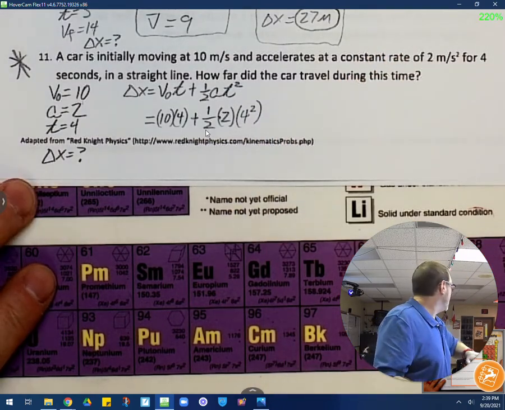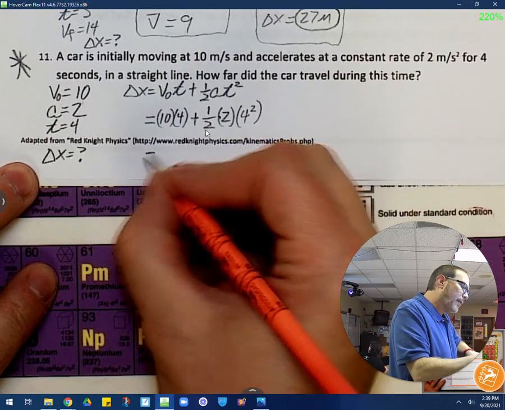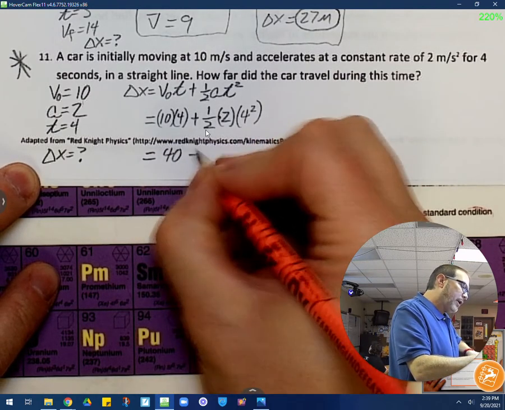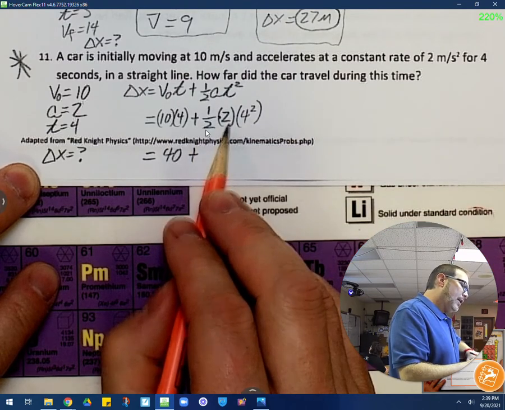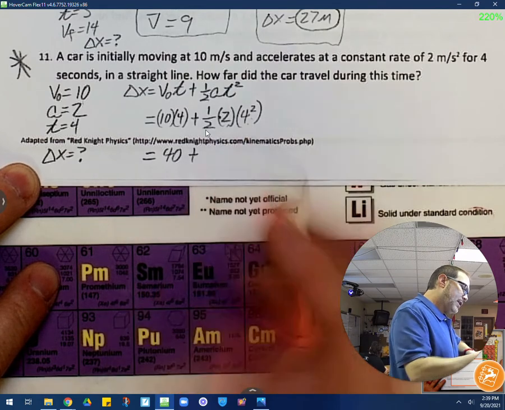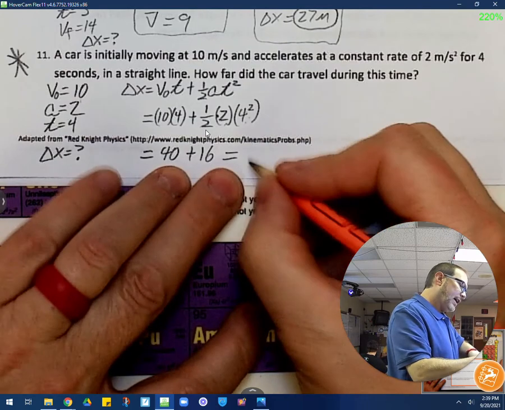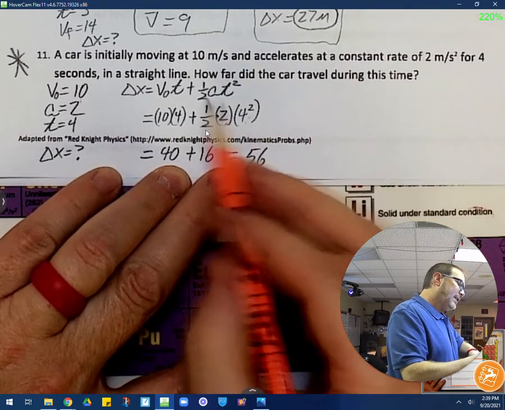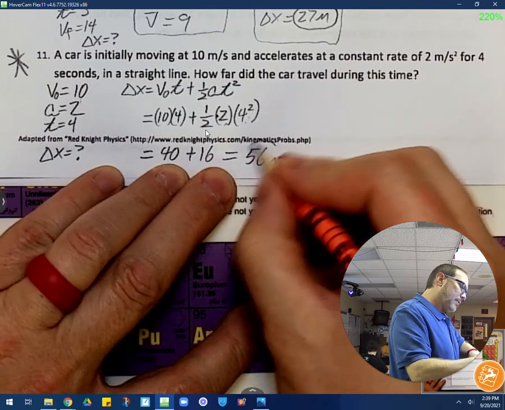I can either start plugging that into my calculator or I can even further simplify. What's 10 times 4? 40. What's 1/2 of 2? 1. What's 4 squared? 16. So what's 1 times 16? 16. Okay, 40 plus 16 equals what? 56. Okay, so the car traveled in those 4 seconds, it traveled 56 meters.